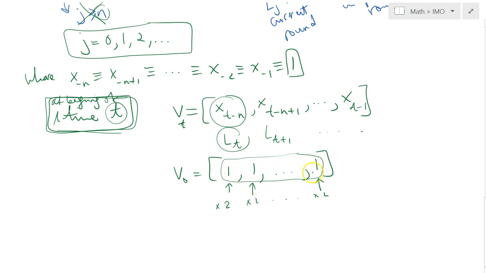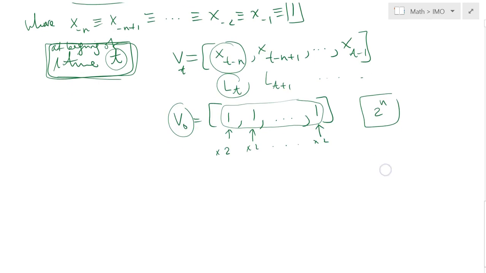Then this vector has 2 to the n different status vectors. Now my claim is the following: even though this number can be quite big, it doesn't matter as long as we keep applying this procedure, and as long as we don't fall into the situation where all of them are 0, this will go forever, and this will never happen, by the way. So our procedure is well defined. This type of case will never happen.